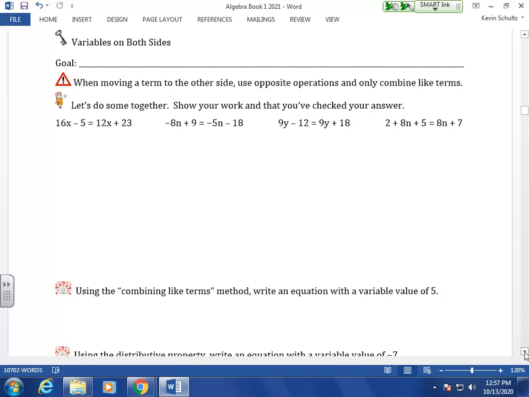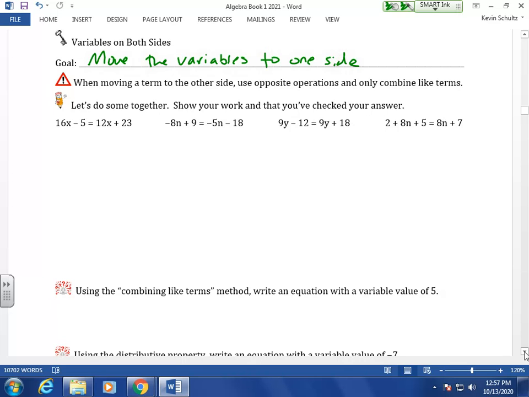Okay. So then you'll probably remember that the goal of variables on both sides, just like combining like terms and just like the distributive property, is that we want to get that two-step equation. Only for variables on both sides, we want to move the variables to one side.